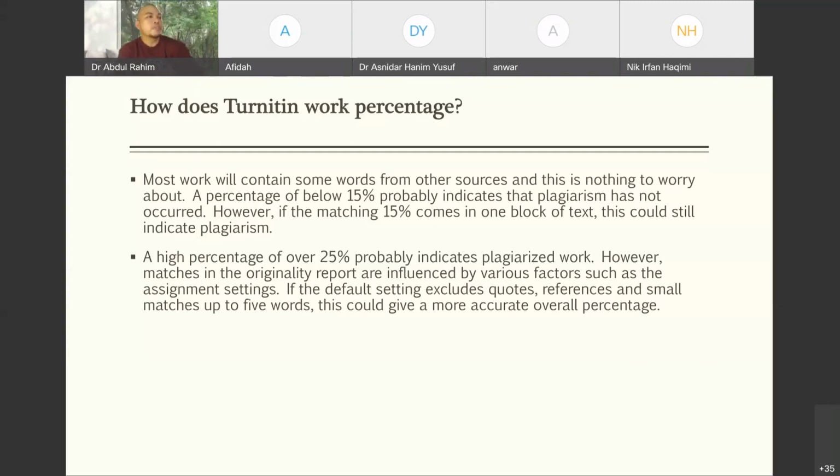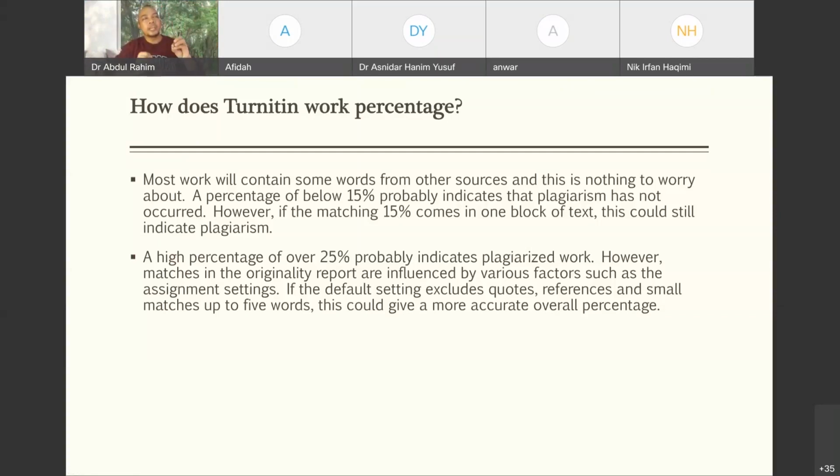However, if the matching 50% comes into one block of text, this could indicate plagiarism. If the total 50% came from this area, another area from the thesis, that is basically not plagiarism. They just detected all the similar content from different places. But if it recorded 50% out of the total paper from one block, then there is plagiarism because you basically copy-pasted the whole paragraph.